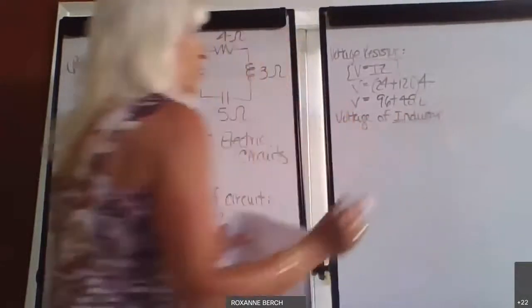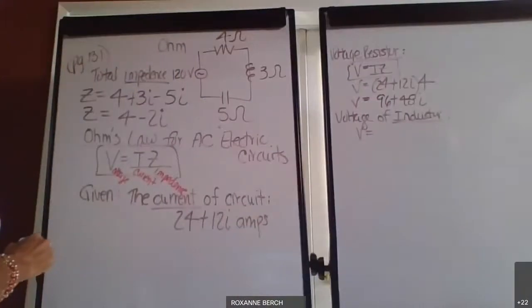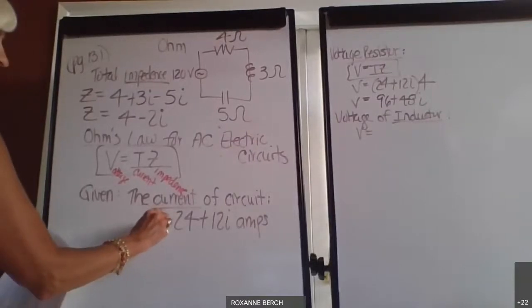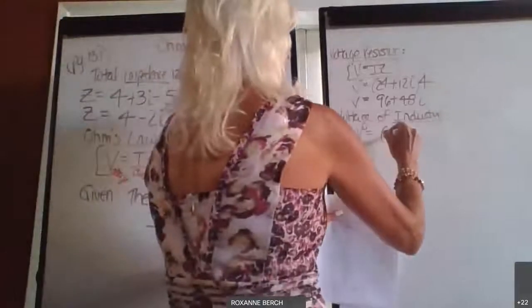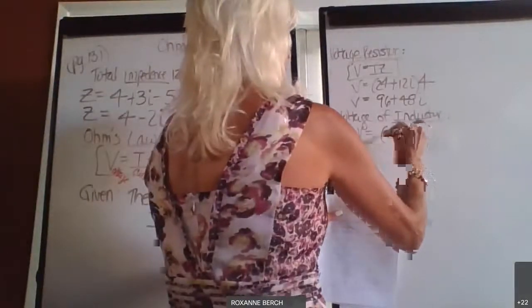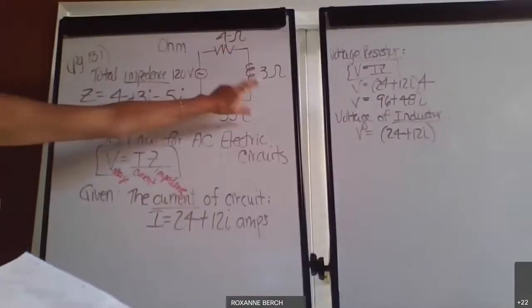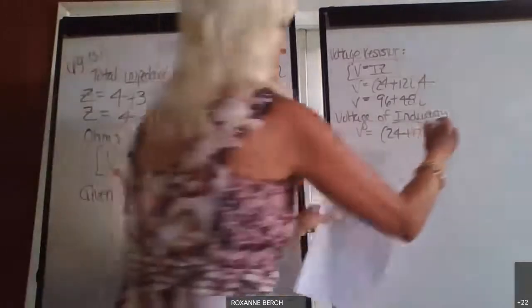So now we're going to find the voltage of the inductor. Same formula. V is equal to, and I'm just going to write this being I, right? It's the current, which is 24 plus 12i, which is given in the problem, times the impedance of the inductor, which is a positive 3i.